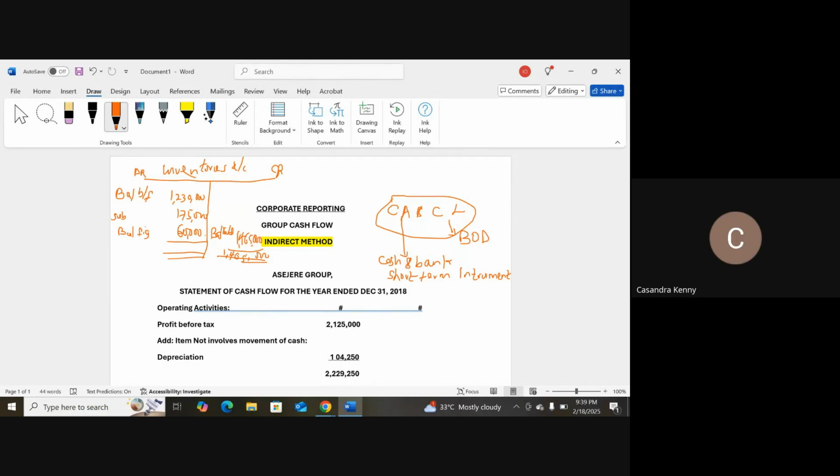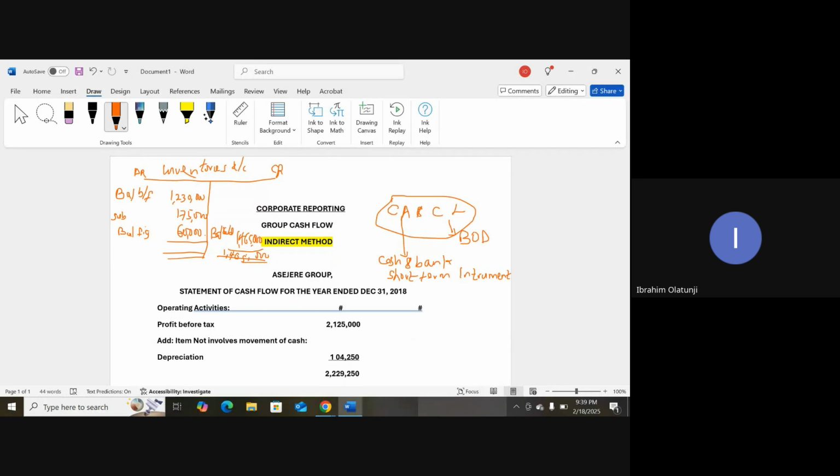Now, what does that mean? It means that there is increase or decrease? There is increase. Our closing balance is 1,465,000, but our opening balance is not up to that. It means that there is increase in inventory.